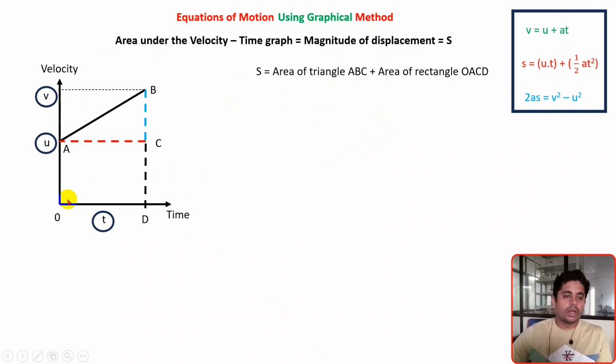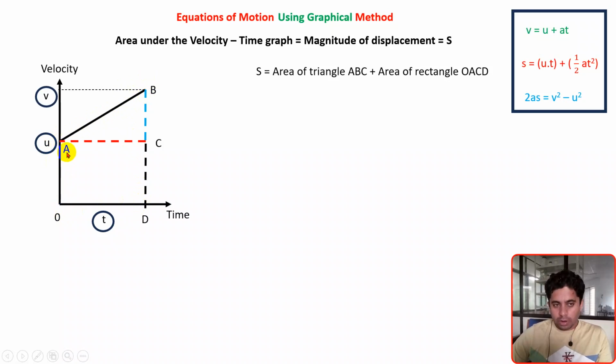So now we want to calculate the displacement. So I need to consider the area under this curve or area under this line AB. Area under this line AB is nothing but area ABCDOA I will consider.